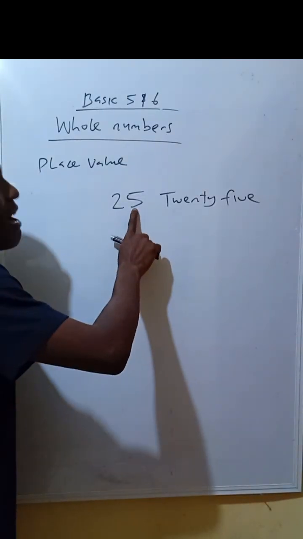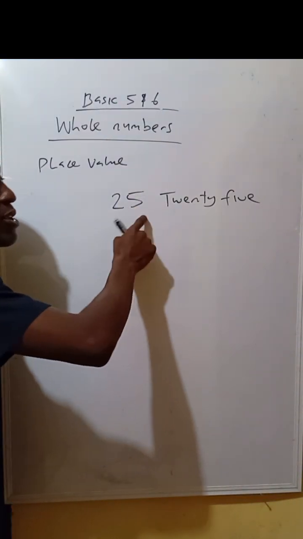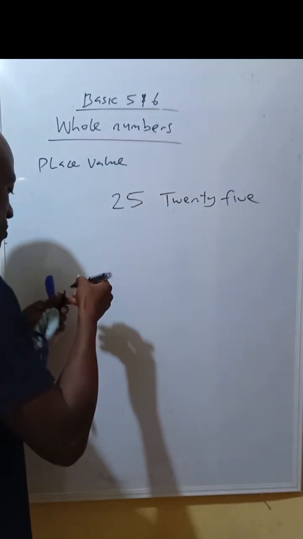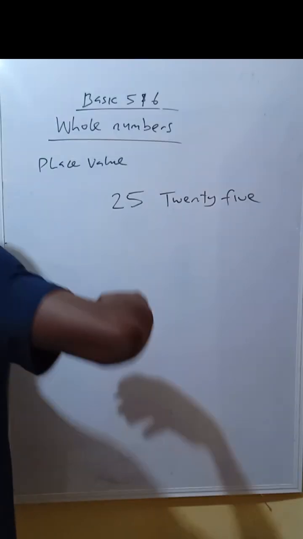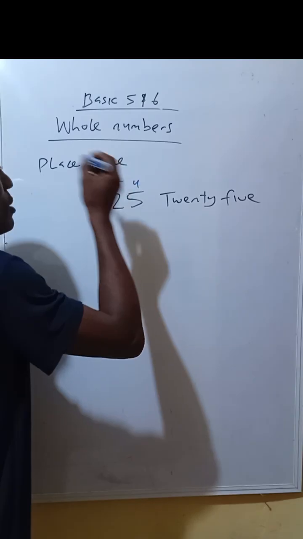That's how I'm going to be using it in this class and the other classes to come. Now, 5 is a digit, 2 is also another digit. They have their place value, their position in this whole number, which you learnt to be units. You begin from the far right, units. Then this one is tens.